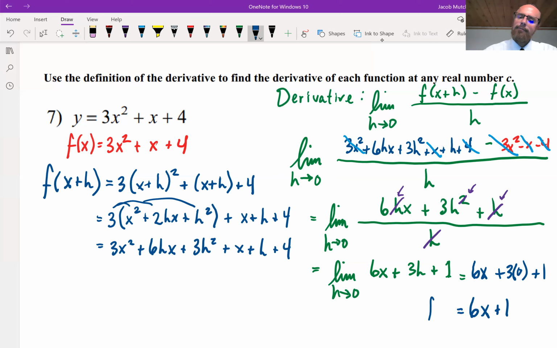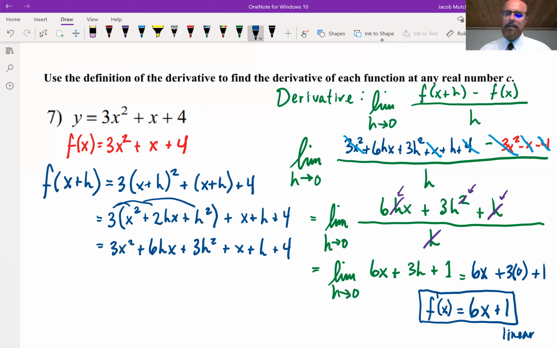We'll call that f prime of x, the derivative of f of x. And to follow up with an answer to our question from example 2, it seems that at this point, anytime that I take the derivative of a quadratic, it is a linear function, because that new derivative there that we just calculated, 6x plus 1, is also linear.